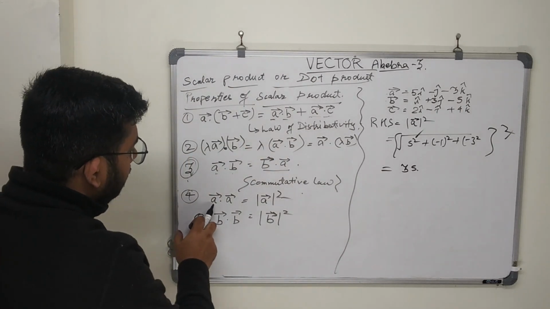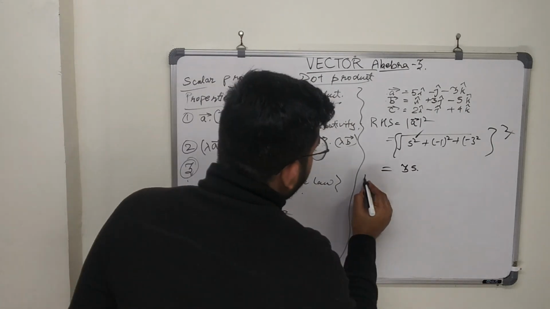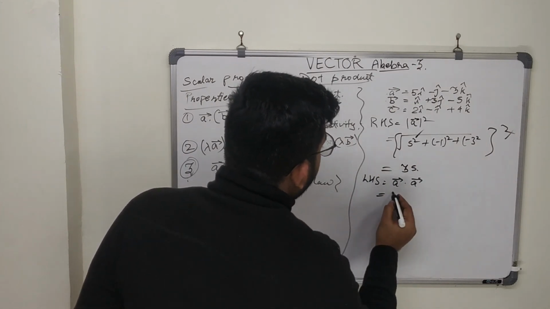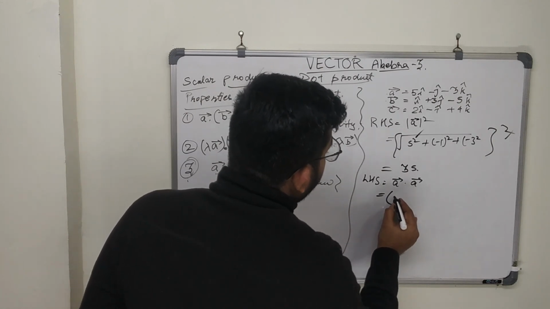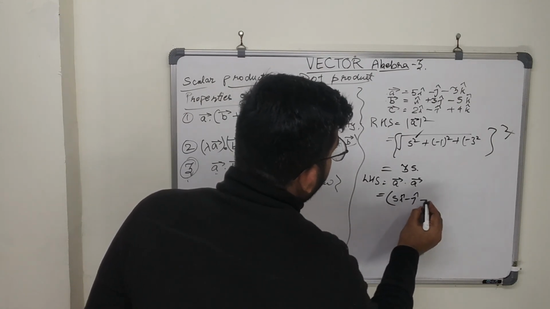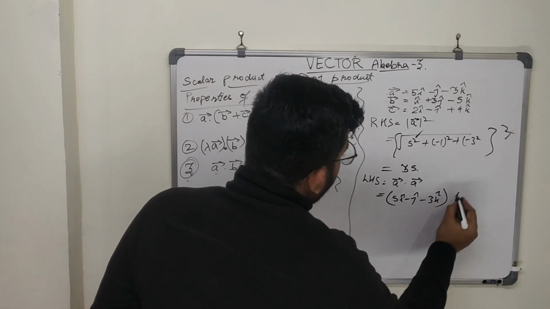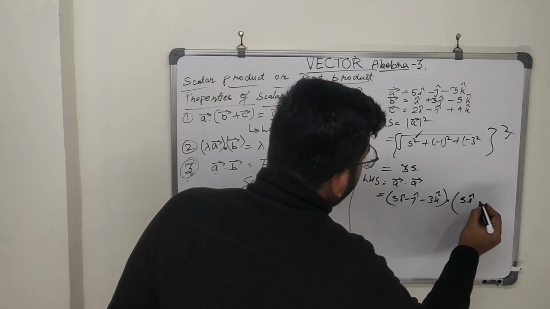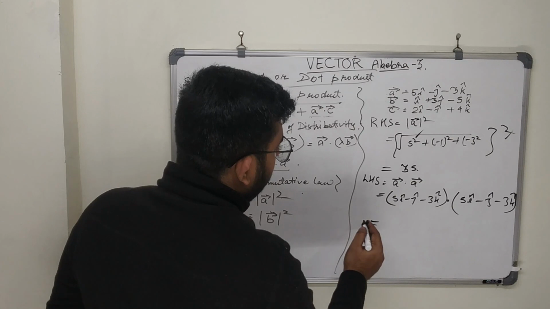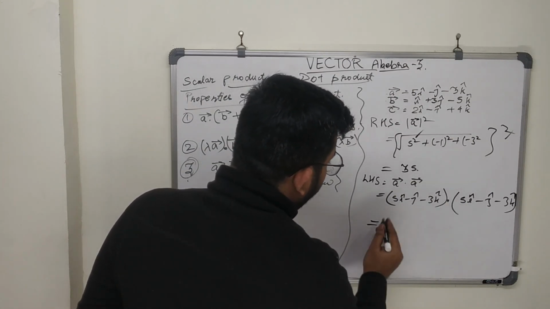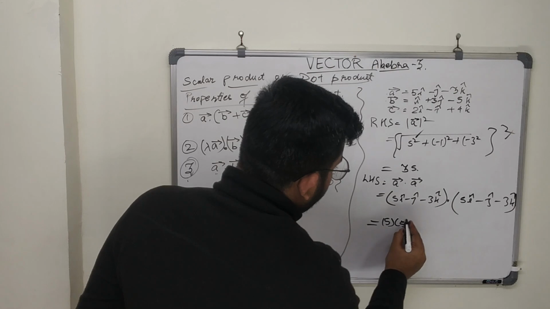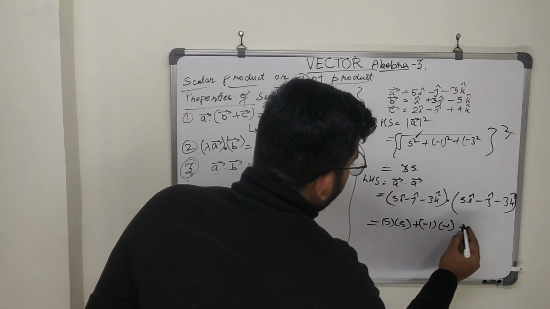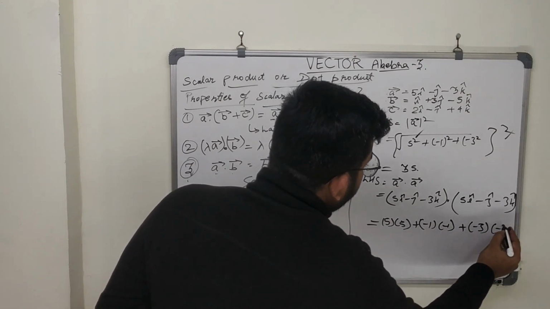So this is the RHS in this case. Now finding the left hand side, that is a vector dot a vector. We put the values of a vector, that is 5 i cap minus j cap minus 3 k cap, and then dot in between, that is 5 i cap minus j cap minus 3 k cap again. We find the scalar product, that is 5 into 5 plus minus 1 into minus 1 plus minus 3 into minus 3.